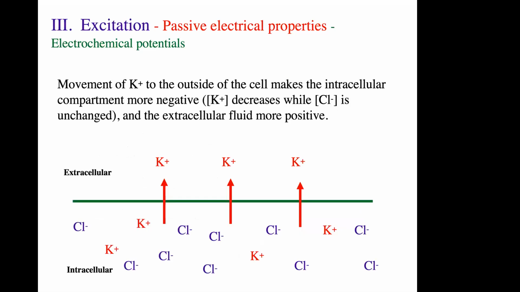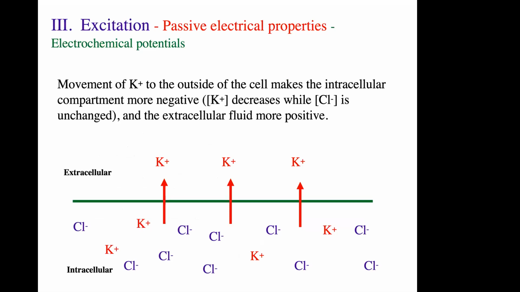These next two slides just illustrate that in a little different way. When the cell is not in equilibrium, you have the sodium-potassium pump, which has created that potassium gradient, and then the potassium is going to leak out of the cell. The key thing here is the chloride stays behind, and so that actually serves to make the inside of the cell even more negative.